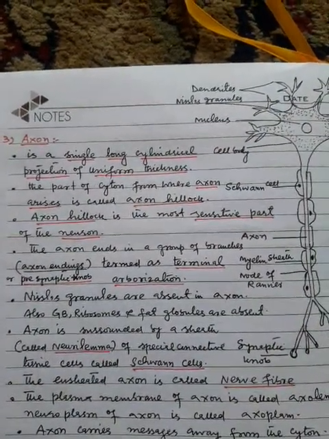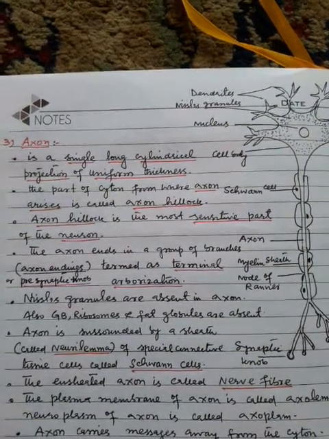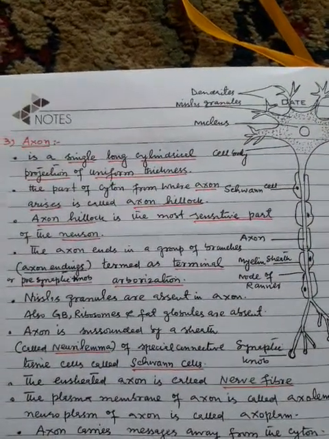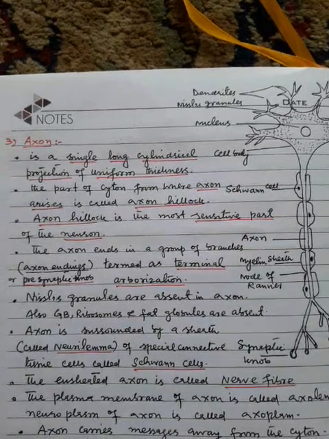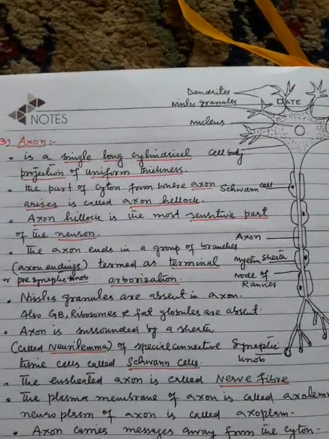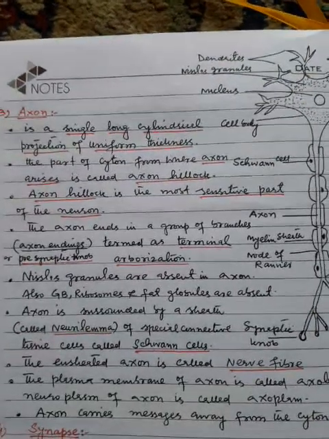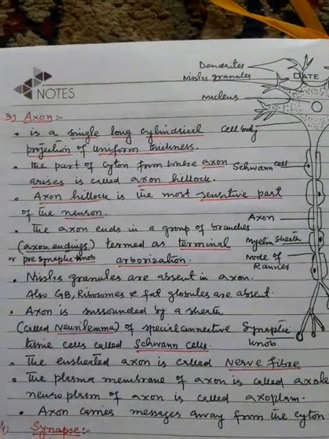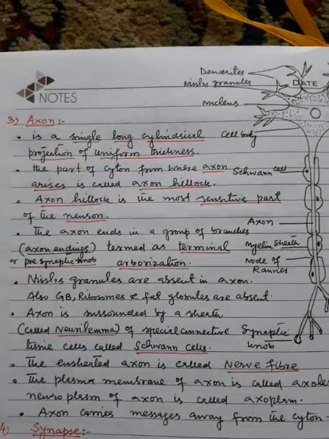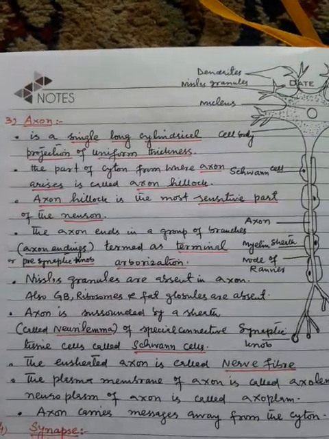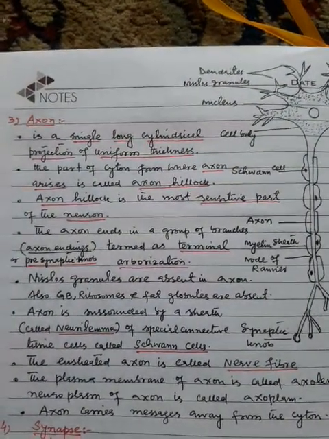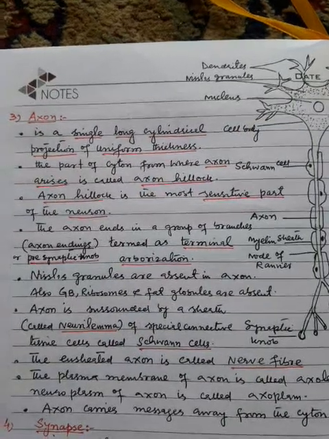The axon ends in a group of branches. Axon endings are presynaptic knobs, termed as terminal arborization. Nissl granules are absent in axon. Also, Golgi bodies, ribosomes, and fat globules are absent in axon.